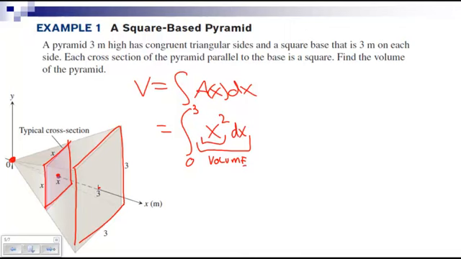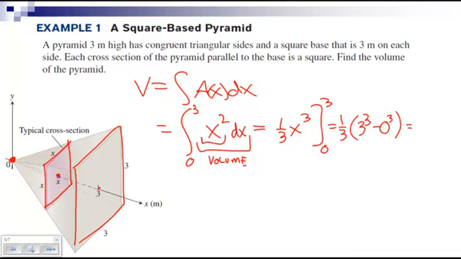So the volume of this particular pyramid is going to be the antiderivative of x squared, 1/3 x cubed, as evaluated from 0 to 3, or 1/3 times 3 cubed minus 0 cubed, or 27 divided by 3, or 9. And in this case, these are all meters, so this volume would be in meters cubed.